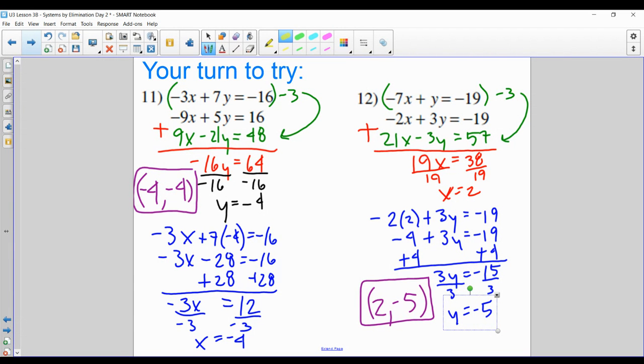One way when it was set up nice and we had an opposite pair. One way where we had to multiply one equation by -1 to create that opposite pair. And then today you've seen we had to multiply one of the equations by a number to create that opposite pair.